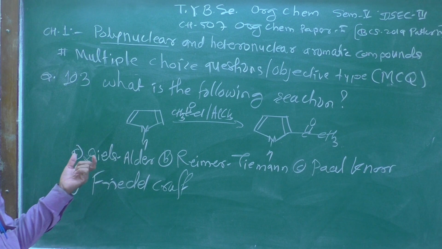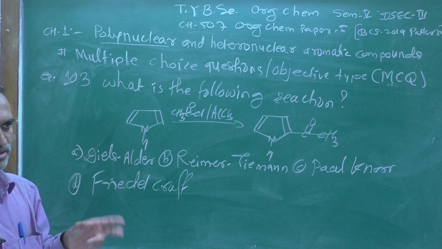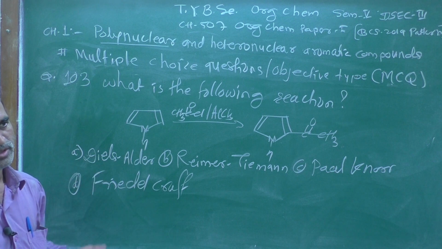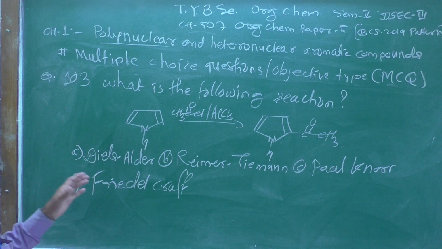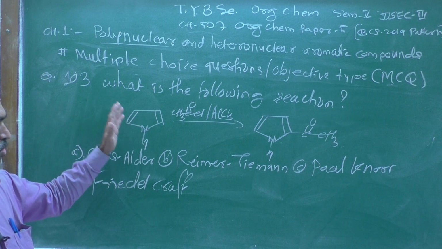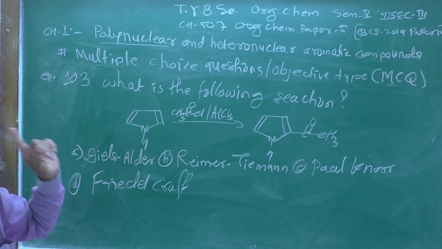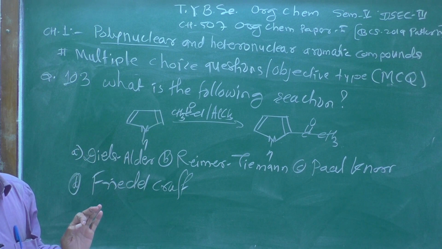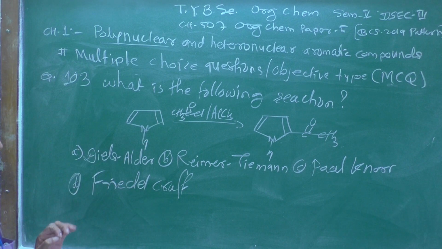If you remember, the Diels-Alder reaction is a 4+2 cycloaddition reaction. This is not a cycloaddition reaction at all. It is an electrophilic substitution reaction, which occurs at 2 position.